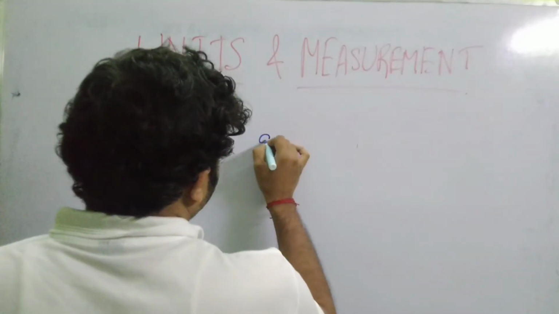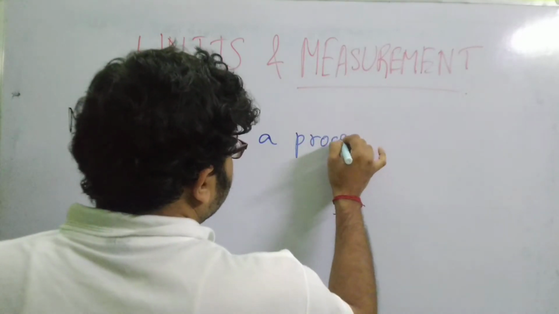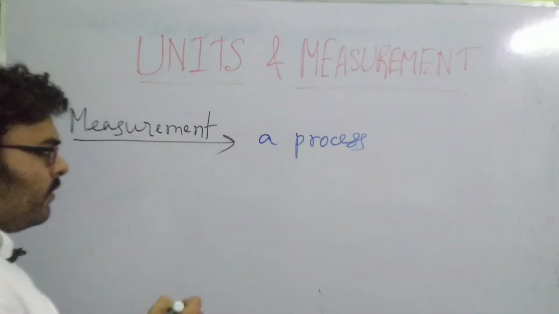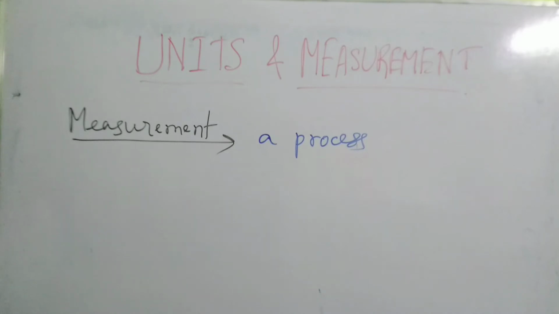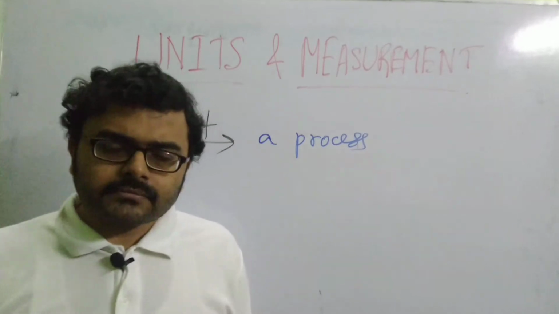Now see, measurement is actually a process. You can definitely write it, it's actually a process. And what do we do in the process? In measurement, we actually compare a physical quantity with a standard value.